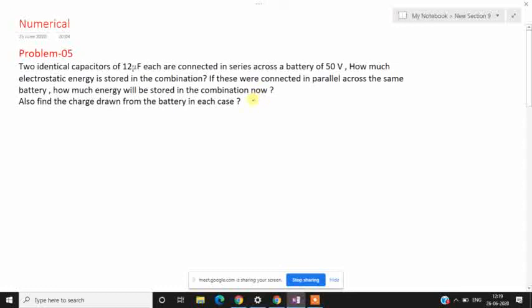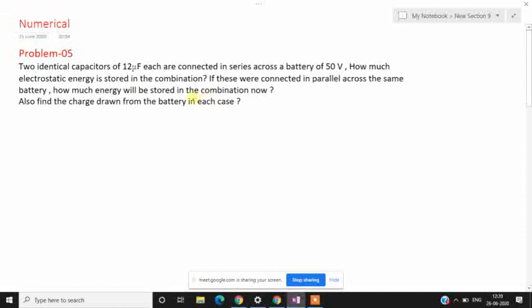Two identical capacitors, 12 microfarad each, are connected in series across a battery of 50 volt. How much electrostatic energy is stored in the combination? If these were connected in parallel across the same battery, how much energy will be stored in the combination?